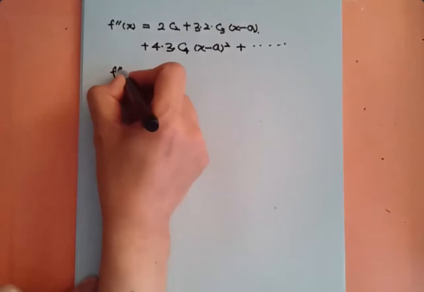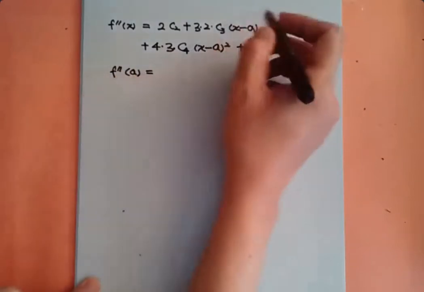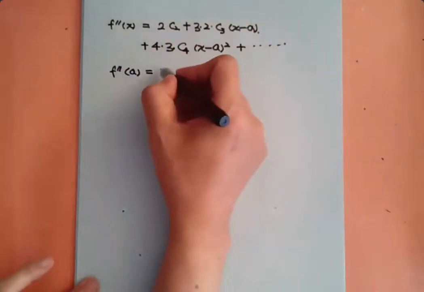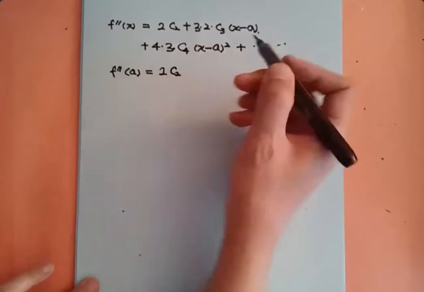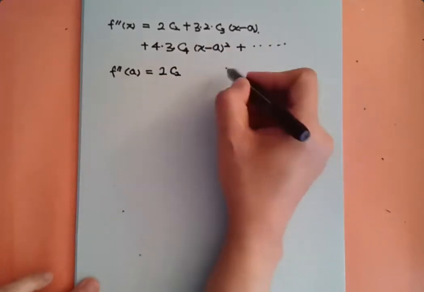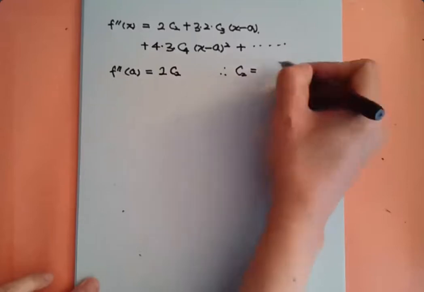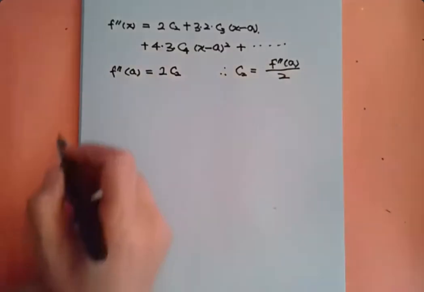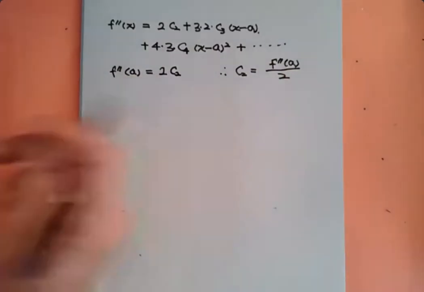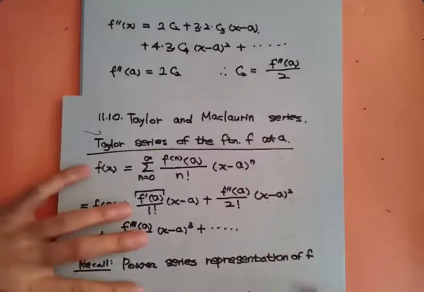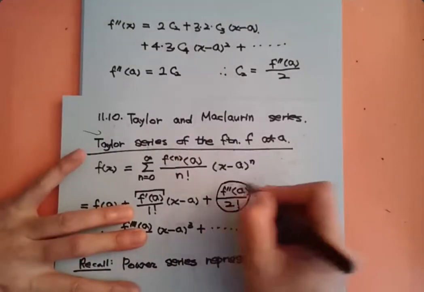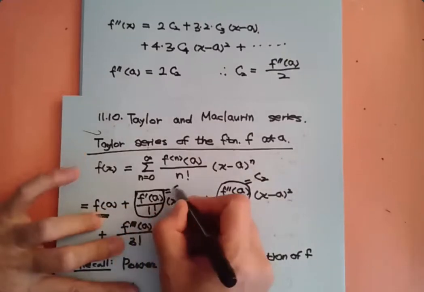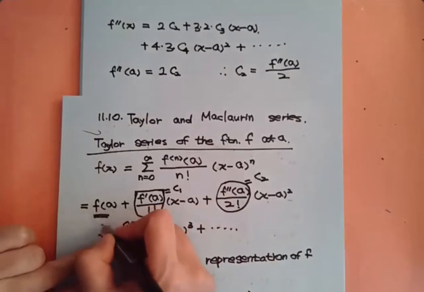So f double prime of a equals, those are vanishing, the remaining one will vanish, and so this is 2 times c2. So c2 equals f double prime of a over 2. So we proved this part is correct. This is c2. This one was c1 and this one was c0.